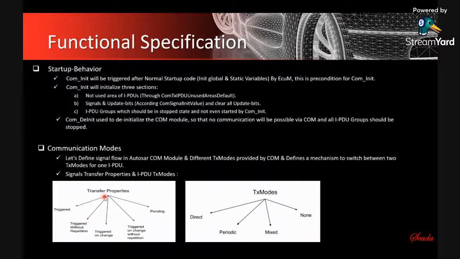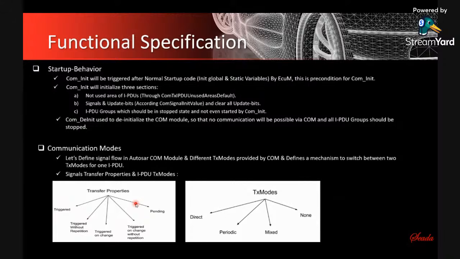Also, there is triggered without repetitions. In some cases, we need to trigger with repetitions, and this happens at the initialization state of the project. In some cases we need our ECU to wake up all of the other ECUs, so it sends some messages multiple times with the same data, more than one time, and we need this case to be triggered with repetitions. Sometimes we need a trigger on change, which means I tell the COM, please, whenever there is a change in the value or the length of the signal, because the COM doesn't understand what is meant by trigger on change.